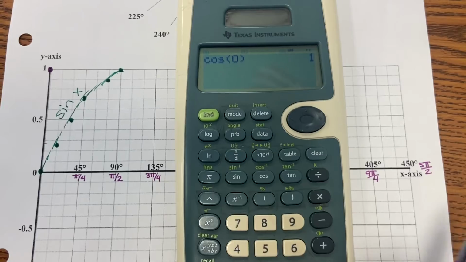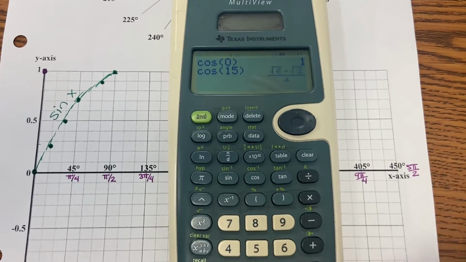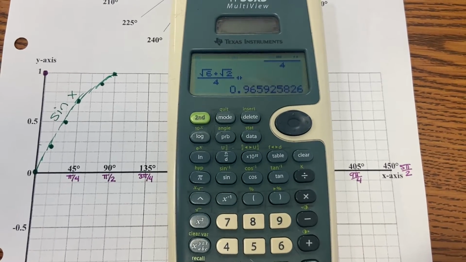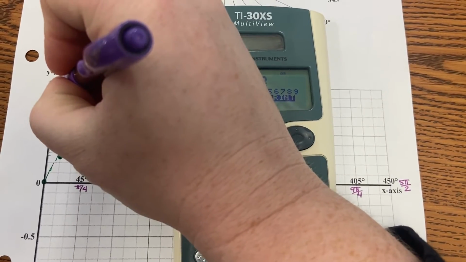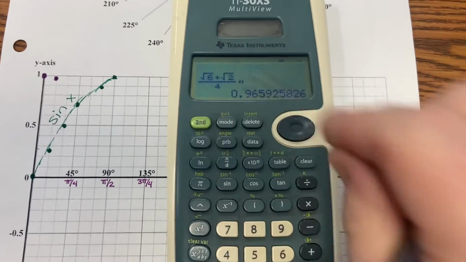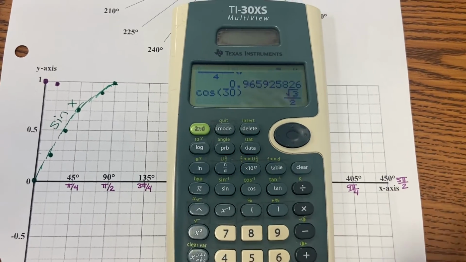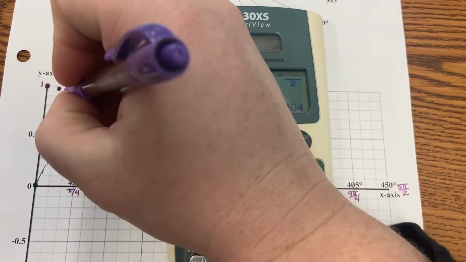Then I'm going to do the cosine of 15 degrees because I'm doing everything in 15-degree increments. And I get 0.96, so just under 1. Just under it. Then I'm going to say the cosine of 30. And that is 0.86, so just under the 0.9 mark.